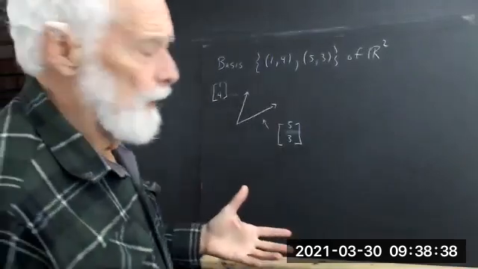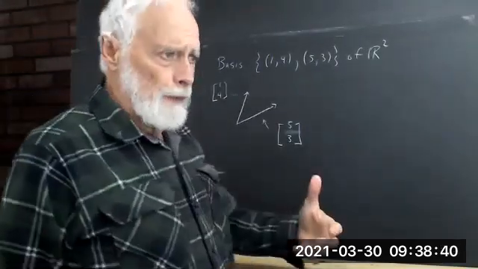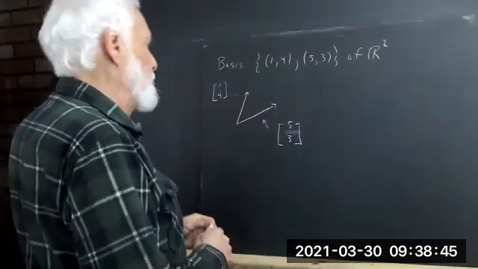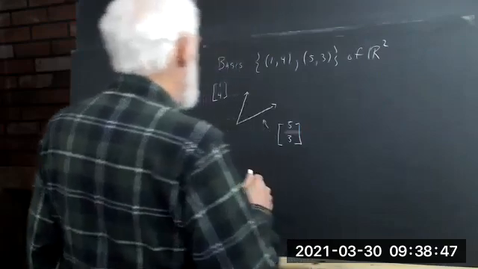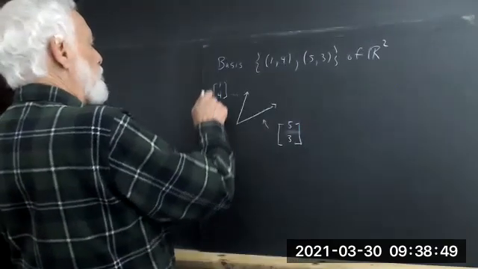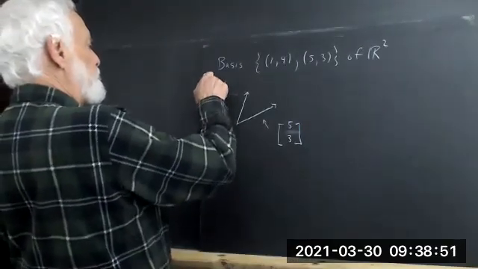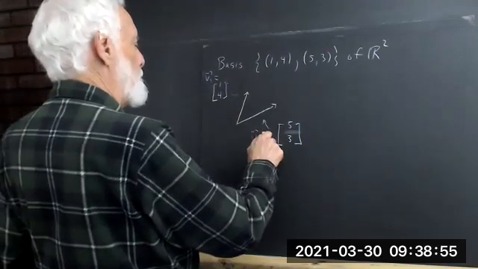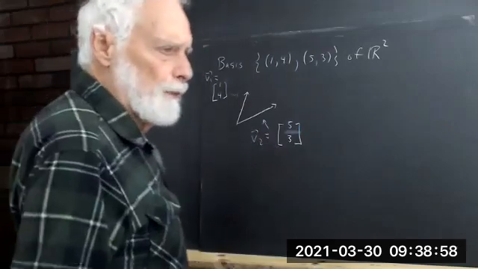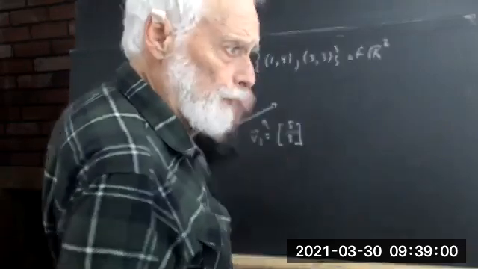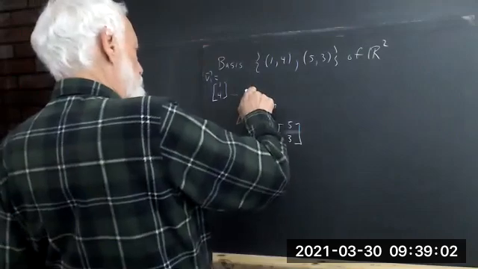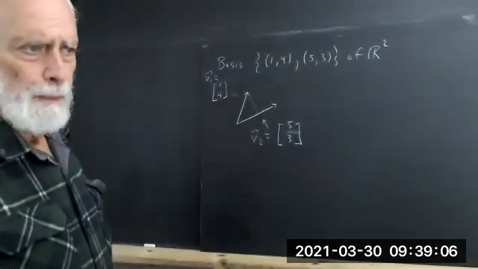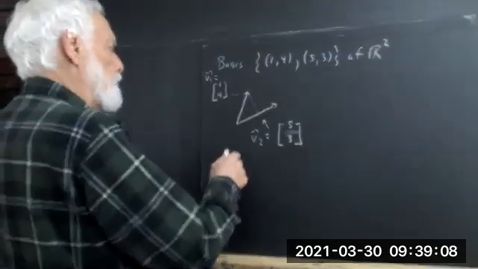Now, we have this operation called vector projection. Okay. So let's just call this vector V1. Call this vector V2. Vector projection, we project V1 onto V2. Now the projection is a simple enough operation if we look at it geometrically, but we have to see how to calculate this thing.